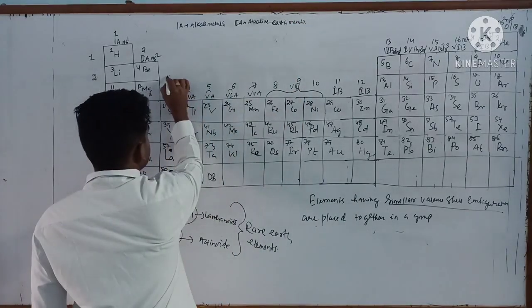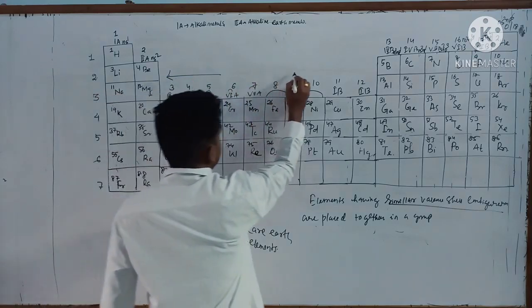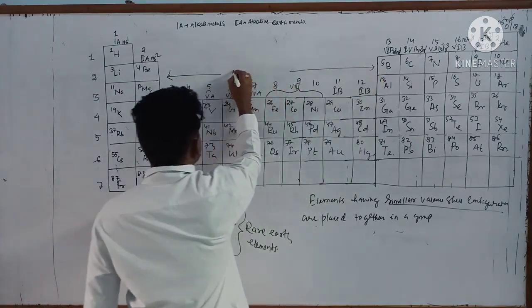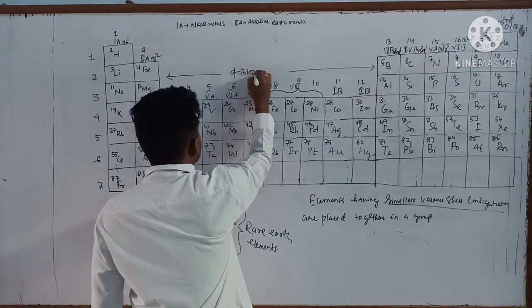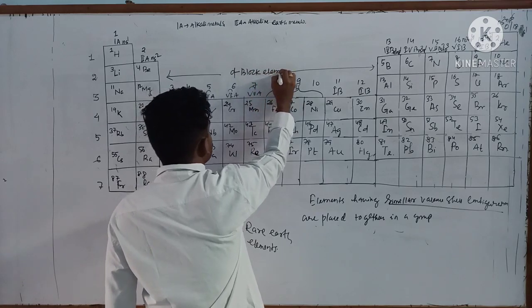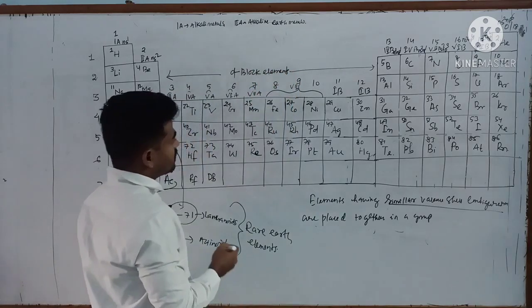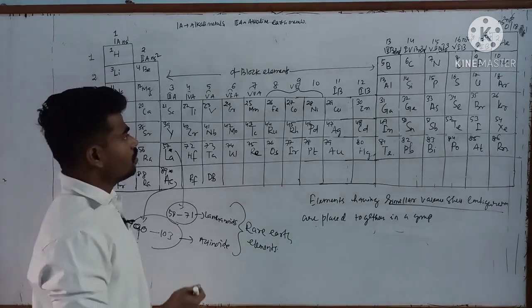And the middle portion of the periodic table, these are d block elements or transition elements, from group 3 to group 12.